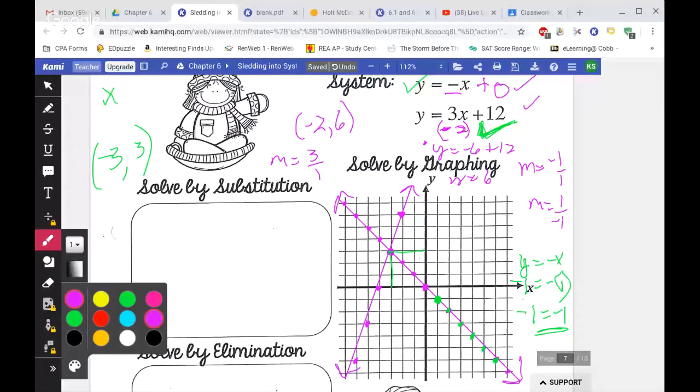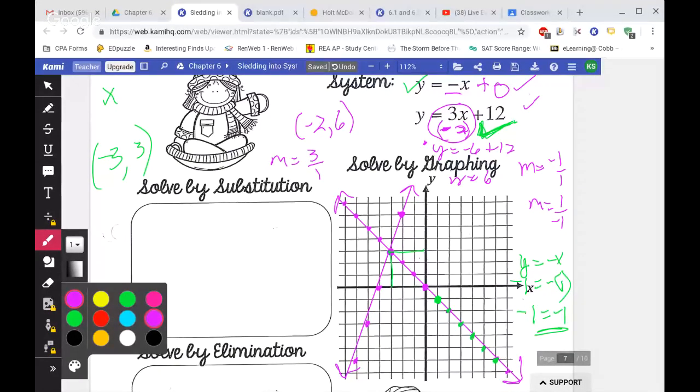So I plugged in -2, and that gives me -6, right? 3 times -2 is -6, right? Yes. And -6 plus 12 is 6. So that's how I got that point.